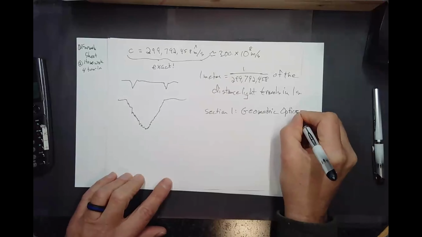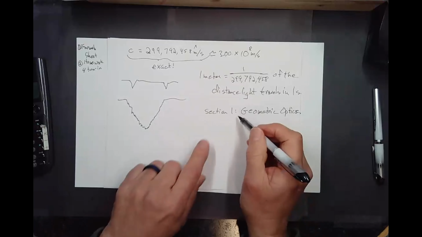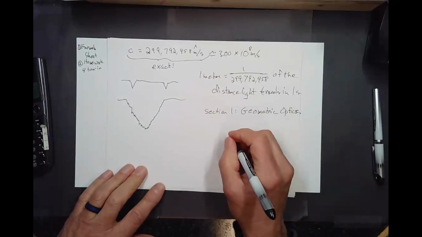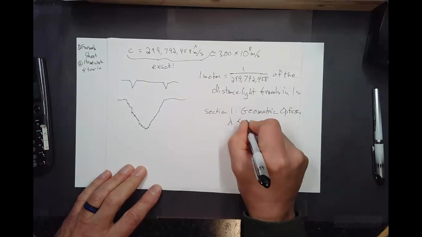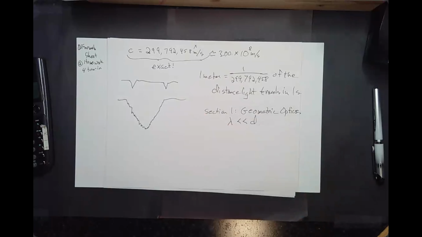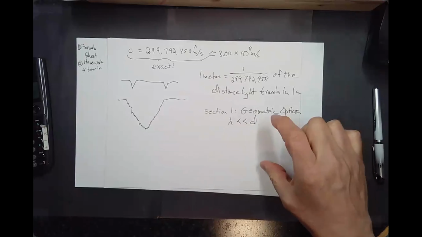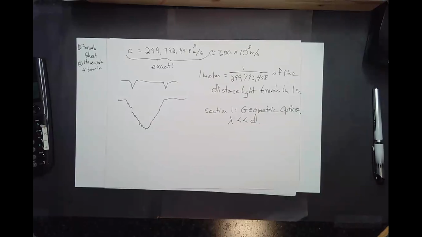For geometric optics, we'll deal with things like lenses and mirrors and refraction, things that happen as light goes from one surface to another, and image formation and things like that. For geometric optics, the wavelength of light that we're using must be much smaller than any physical dimensions of the system. So when we talk about lenses, we'll have things that are maybe 38 millimeters in diameter or something like that.